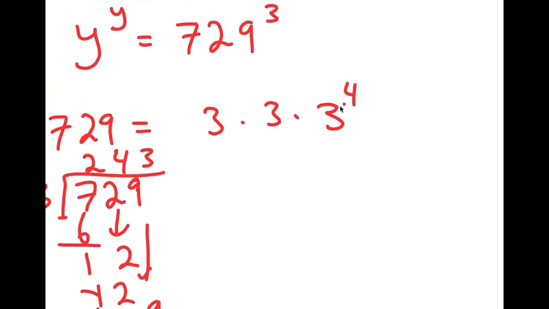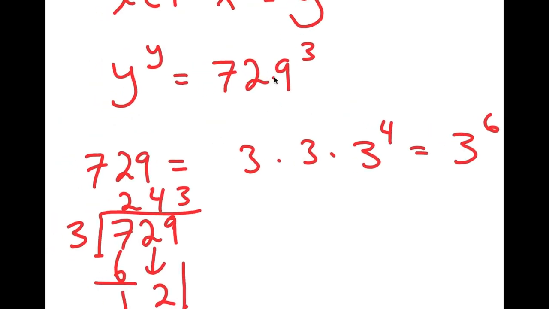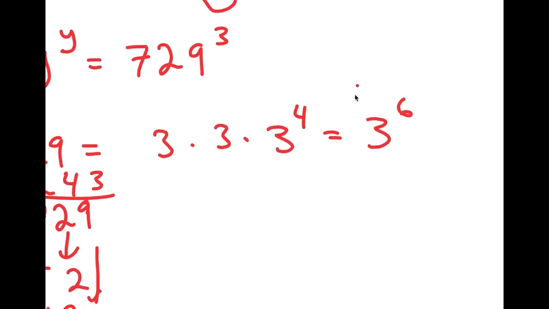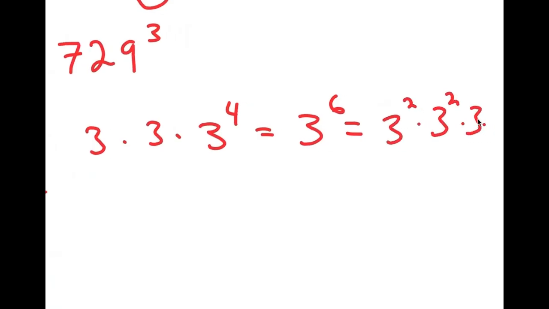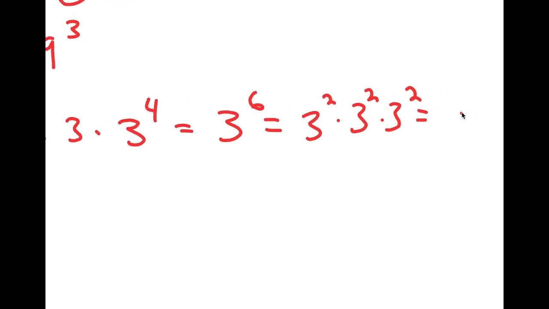So I have 3 times 3 times 3 to the power of 4, which is equal to 3 to the power of 6, meaning 729 is the same thing as 3 to the power of 6. And 3 to the power of 6, I can break that down into 3 squared times 3 squared times 3 squared, which is equal to 9 to the power of 3.